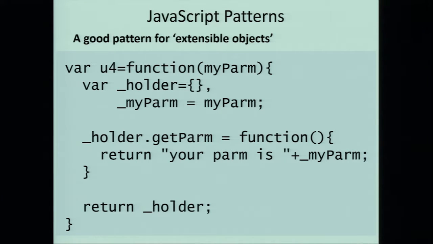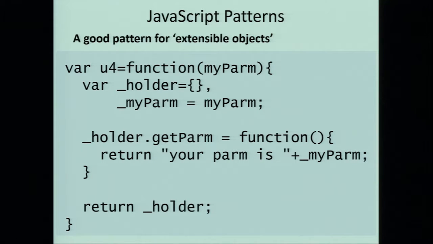The way this one works is I've got a function definition, and then I'm going to define this thing called holder, which is an object, and I'm going to return that pointer to holder. And now I go through this function and I add as many elements as I want, get parm, set parm.